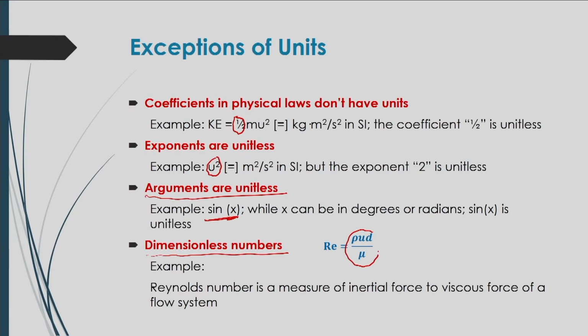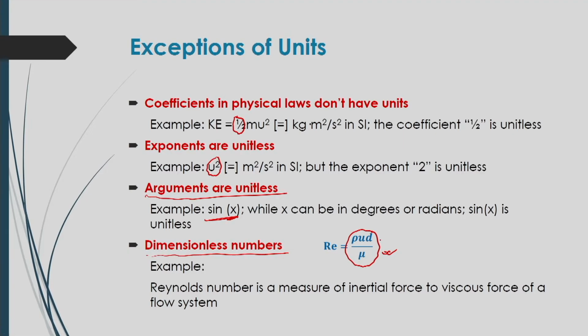Because this quantity does not have any dimensions. It is defined by rho u d by mu, where rho is the density, in kg per meter cube, u is the velocity in meter per second, d is the diameter, and viscosity is kg per meter second.